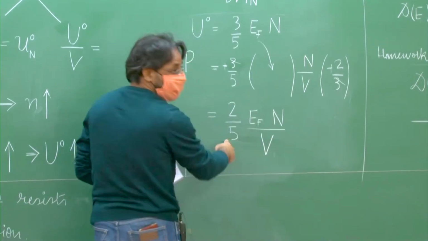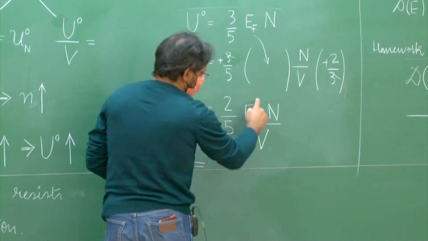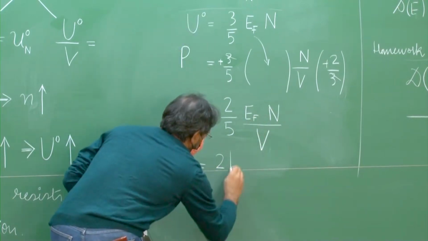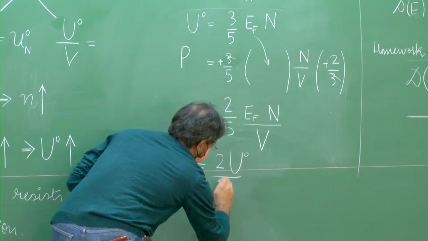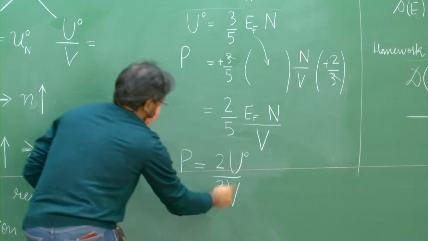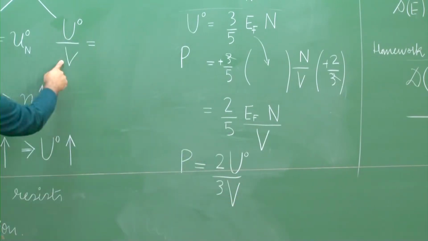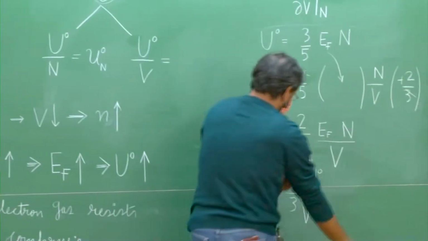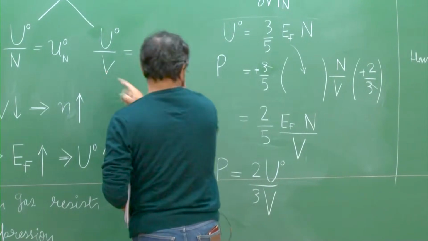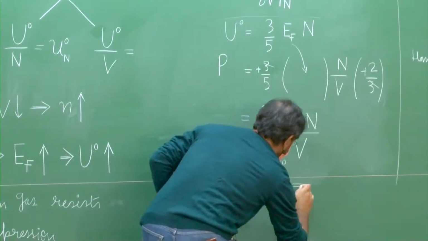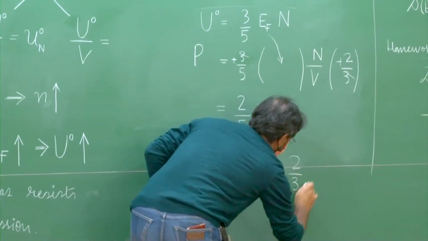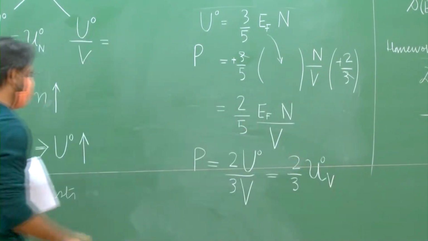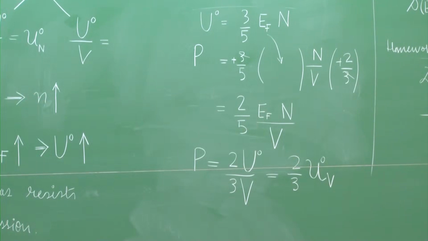So 5 and 5 will get cancelled out. So you get 2 u naught by 3V. And u naught by V is our little u, per unit volume. So this is nothing but 2 by 3 u naught per volume. So that's the expression for the pressure.